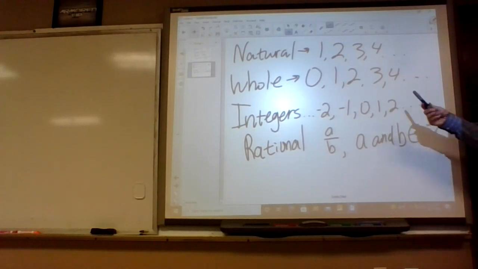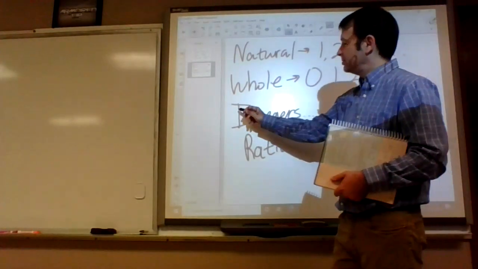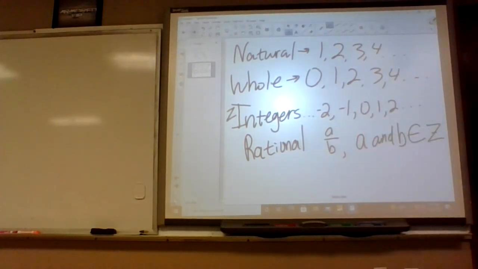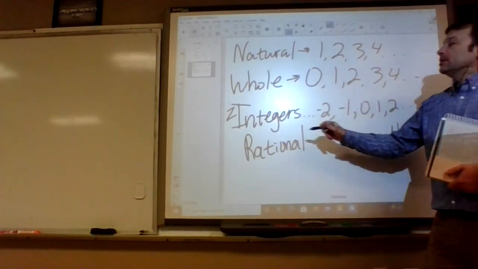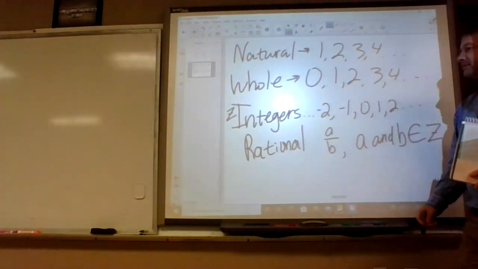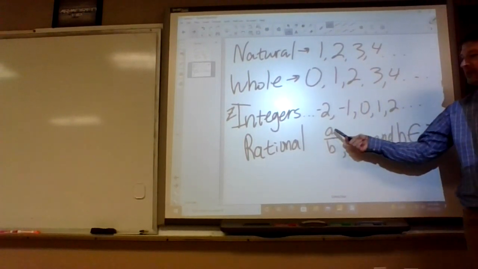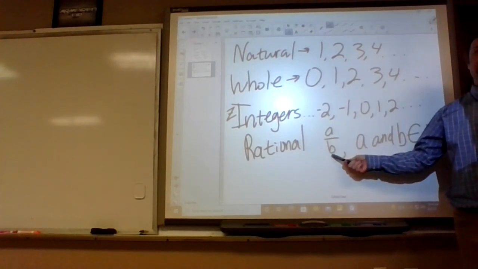Integers. Remember when Trey made that wacky guess? That was so funny. Anyway, this means A and B have to be in the set of integers. So basically it's any integer over any other integer.